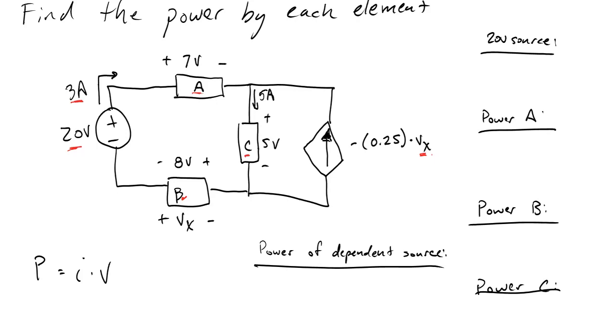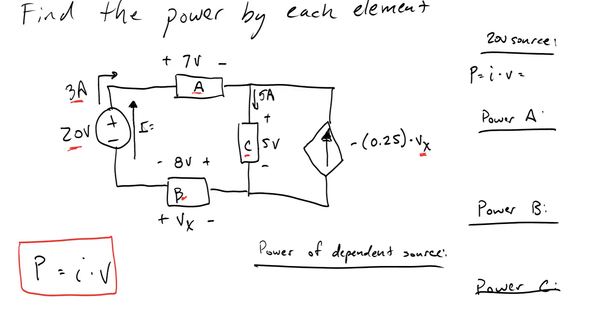So we're using classic P equals IV for these problems. Let's get to it step by step. Let's start off with the 20-volt source. We have 20 volts and 3 amps. So P equals I times V. Our current is 3 amps, but here we have to notice that current is flowing in the opposite direction of the polarity marked. So if we're labeling the I going from minus to plus, we have to add a negative.